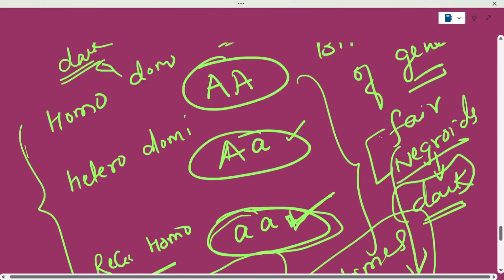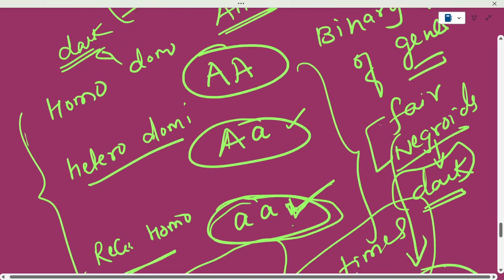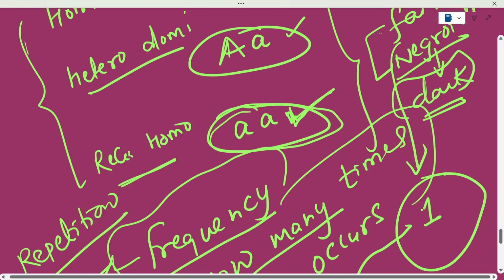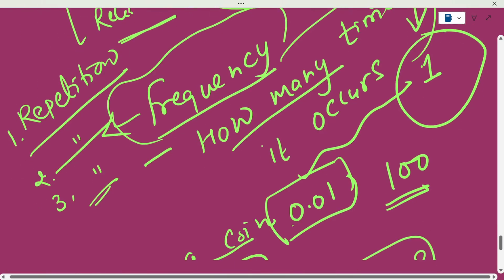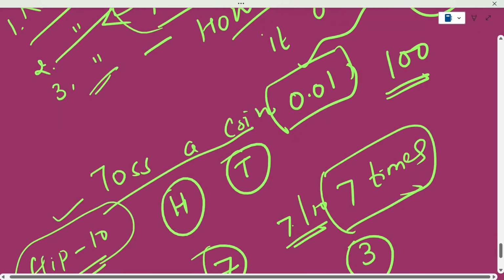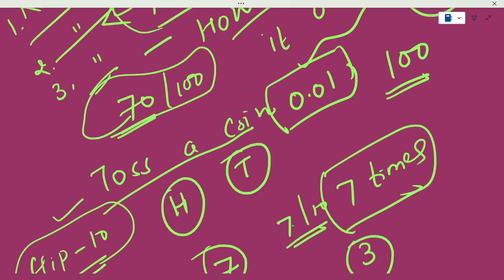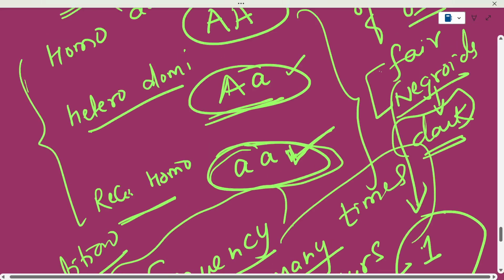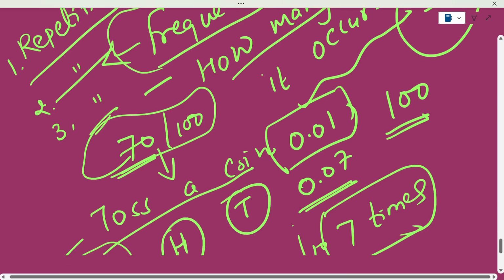In the same way, if we are talking about the mixed color or variations in dark color, mostly will fall in the middle spectrum. Let's say 70 out of 100 people are of mixed complexion or variations in complexion. So the heterozygous dominant will have a frequency of 0.07, and then the last one, the dominant, will have the remaining frequency. So that's the equation, that's the idea. Frequency is also understood.